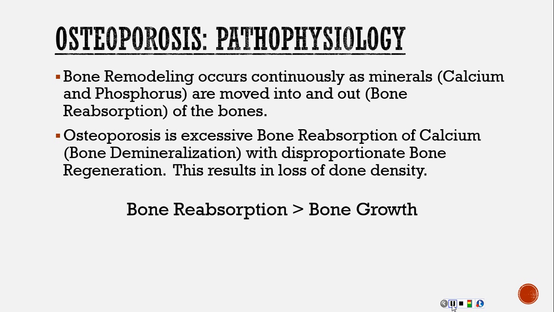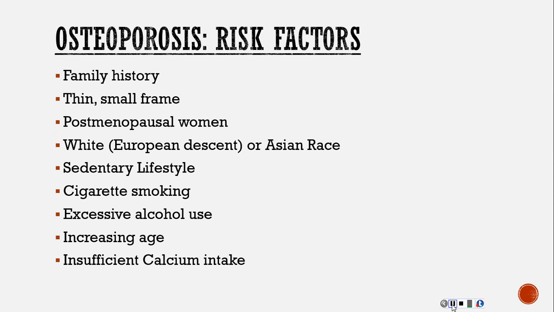Now, why does this happen? Well, we've got certain risk factors that make the patient more prone to having the bone density changes. First, we're looking at family history. A patient that has a family history of osteoporosis, it's a really good risk factor. Also, thin, small-framed, commonly women, but it can occur in men as well.